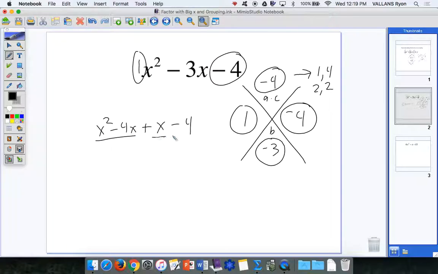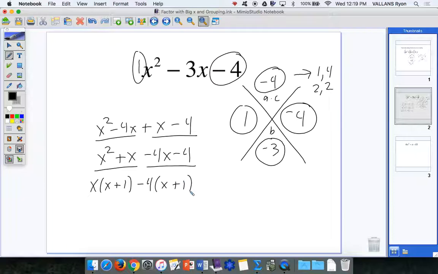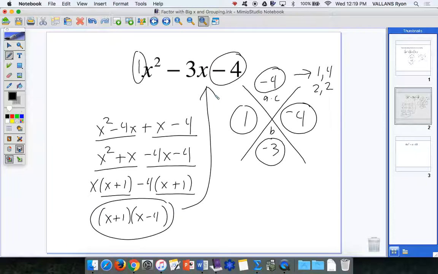Can't factor out of those two, can't factor out of those two, so if I switch them, out of those two I can factor out an x, out of those two I can factor out a -4, and I end up here. Then I notice x plus 1, I can factor out x plus 1, and I'm left with x minus 4. And that's the factored version of this.